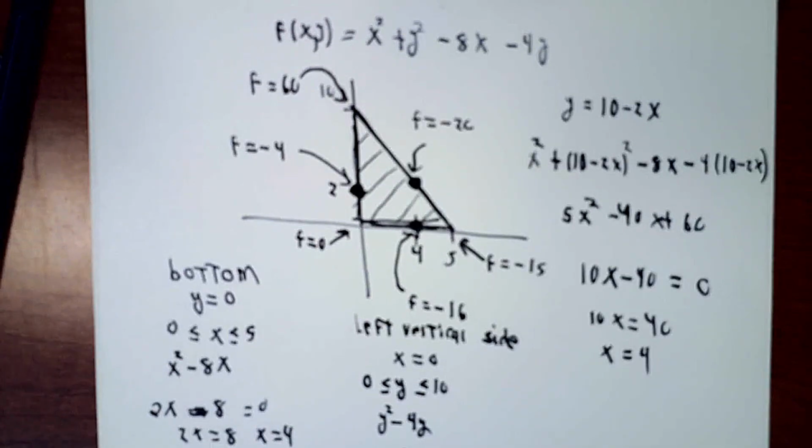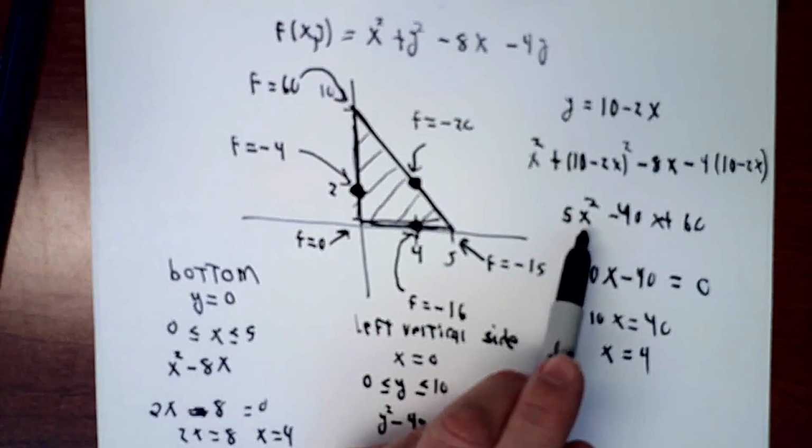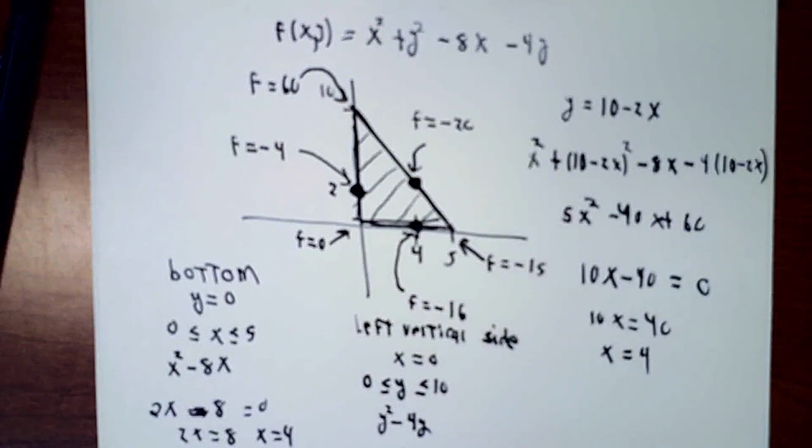It turns out that this derivative will be 0 at x equals 4, so along the downward sloping straight line, we have another candidate for a maximum or minimum. If I take x equals 4 and put it into this equation, I find out that the function value here is negative 20. We now know all about the boundary, but we haven't worried about any interior points.